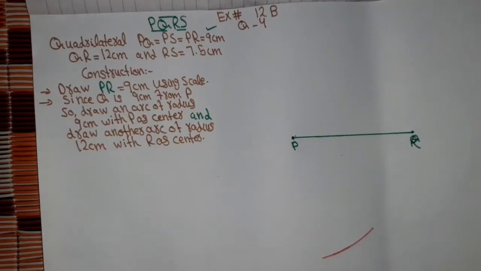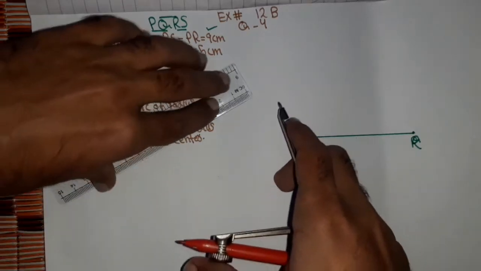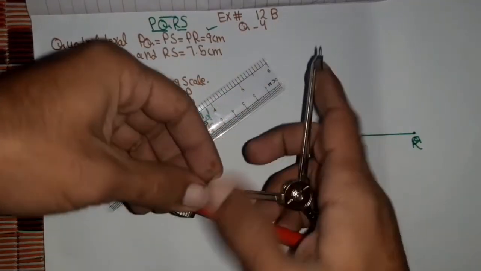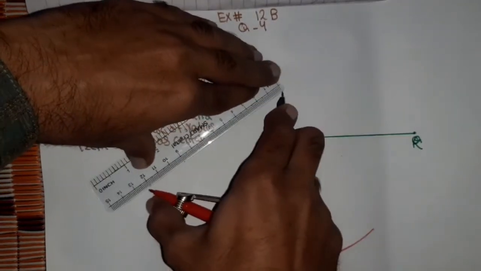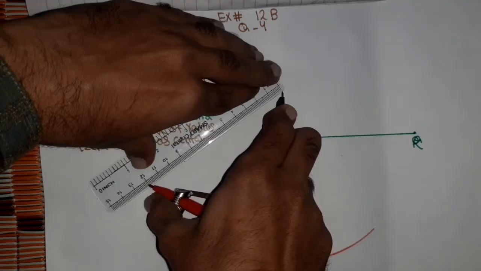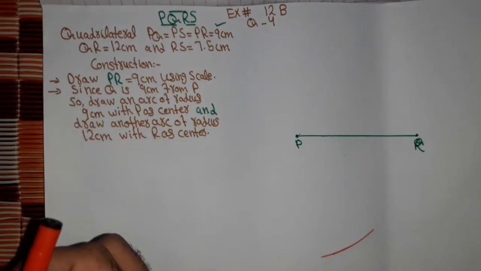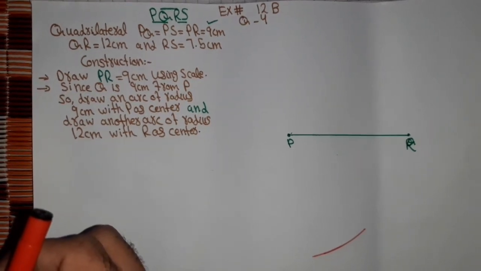So now we will open the compass to the length 12 centimeter and draw an arc of radius 12 centimeter.